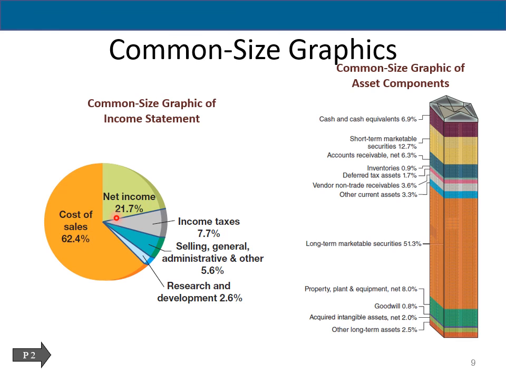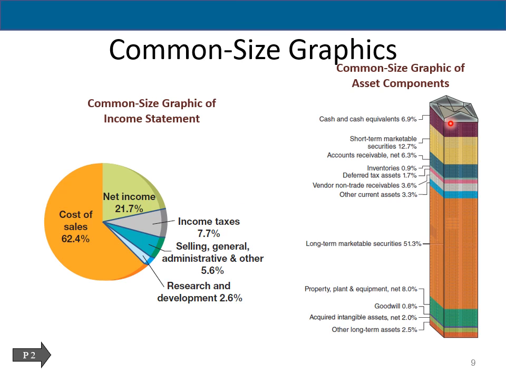All right, other expenses, income taxes, 7.7% of every dollar of revenue earned. Selling, general, and other administrative, 5.6. And after all those expenses are paid and the cost of sales, you have net income of 21.7 cents per dollar of revenue. All right.